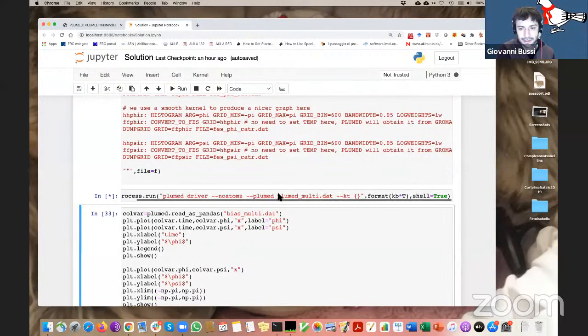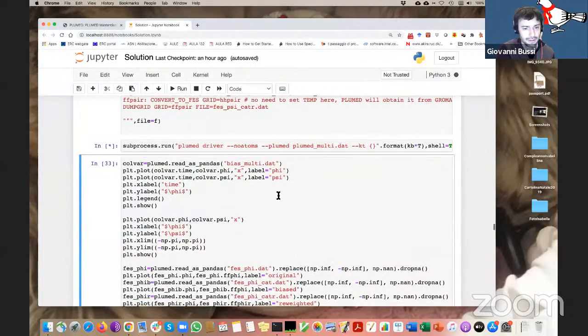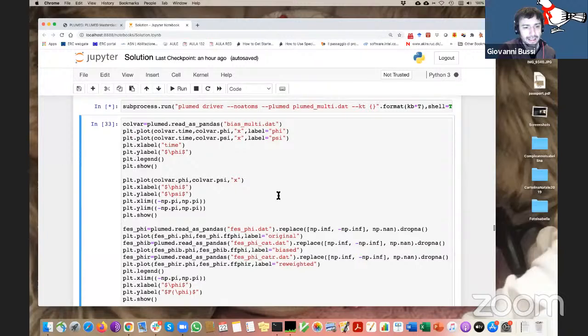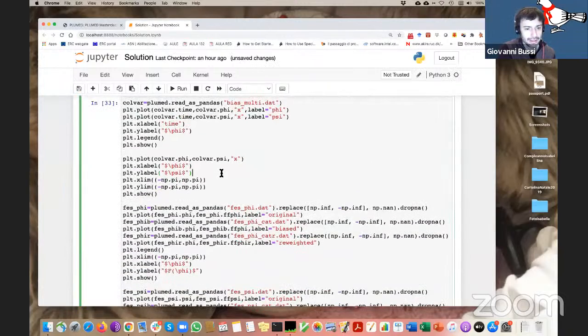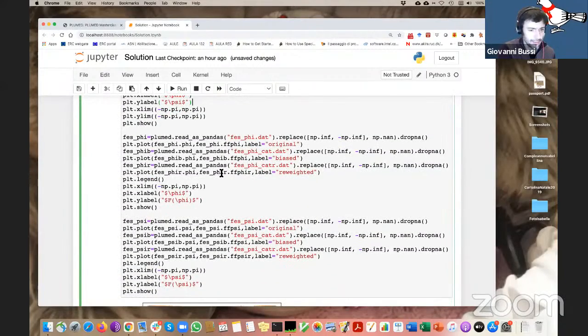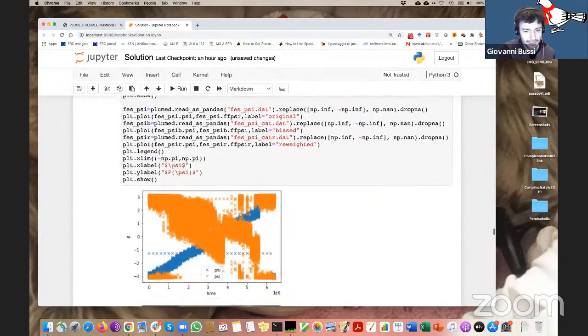So let's see, it's reading and running. Then I'm going to analyze the return code: 0. Great. Analyze the result again with a very similar script.